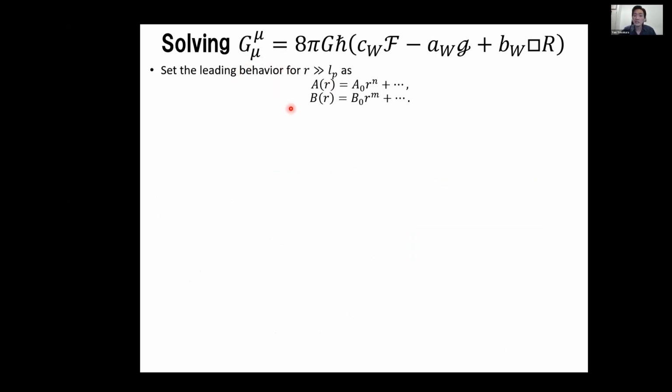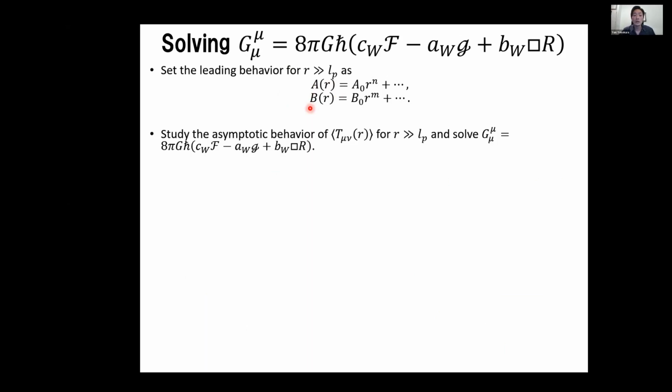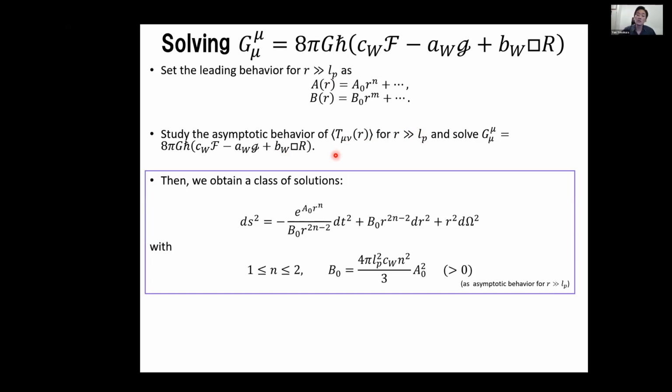First, we set the leading behavior for large r in this way. Next, we study the asymptotic behavior of the energy momentum tensor for large r and solve the trace equation. This is the result. We obtain a class of solutions. n runs from 1 to 2, and coefficients A0, B0 are related by this equation.